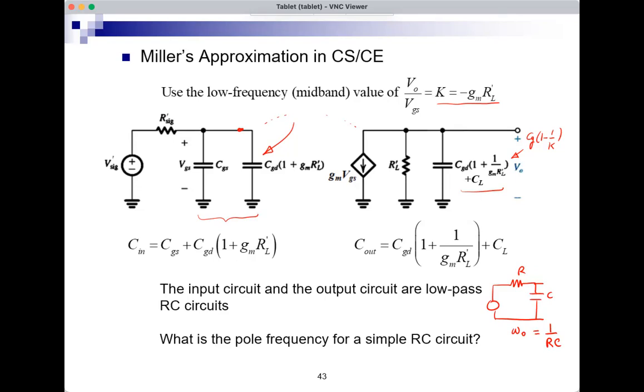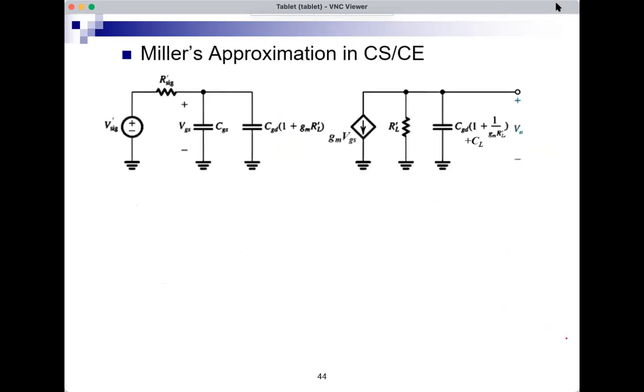So what are the omega 0s for these two parts? At the input side, the pole, or the 3 dB frequency for that part only, is 1 over R'sig Cin. At the output, the pole, which would be the 3 dB frequency for that part only, is at 1 over R'L Cout.